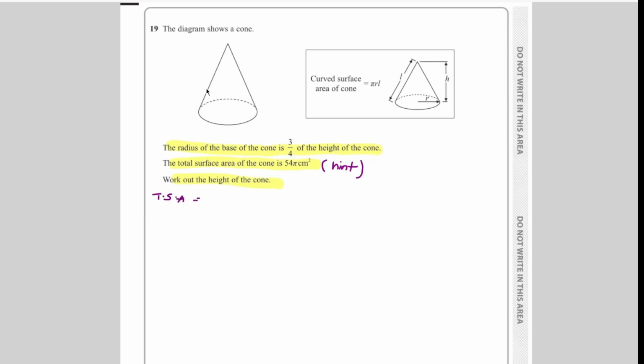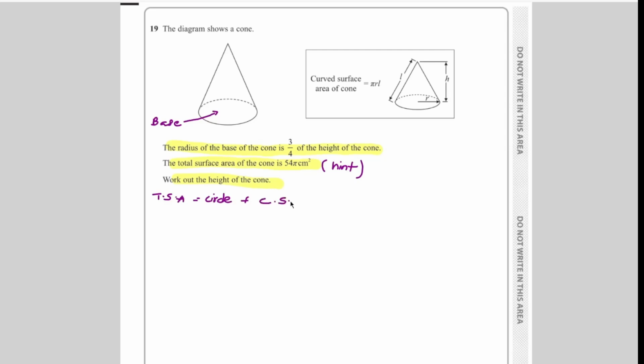The total surface area equals, how many surfaces are there in this cone? This is the curved surface area and this is the base area. What is the base? The base is the circle. So the base area, the area of the circle, plus the curved surface area.